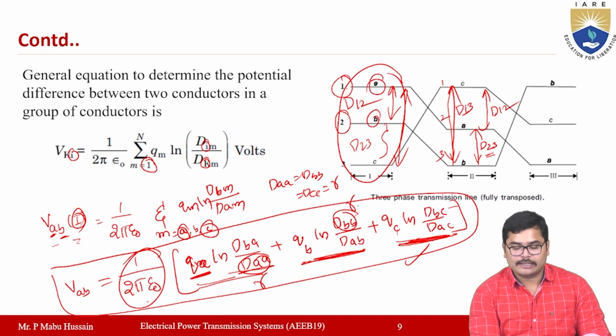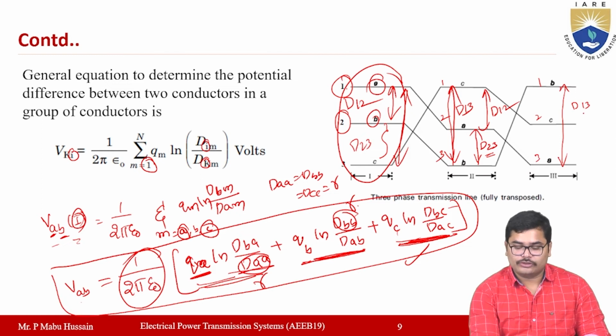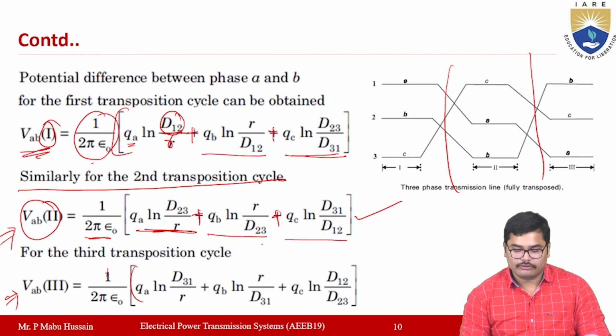The first term is again QA ln DBA by R. DBA here in the third section, the B to A distance, is this distance, which is D13. So QA ln D13 by R you will get.